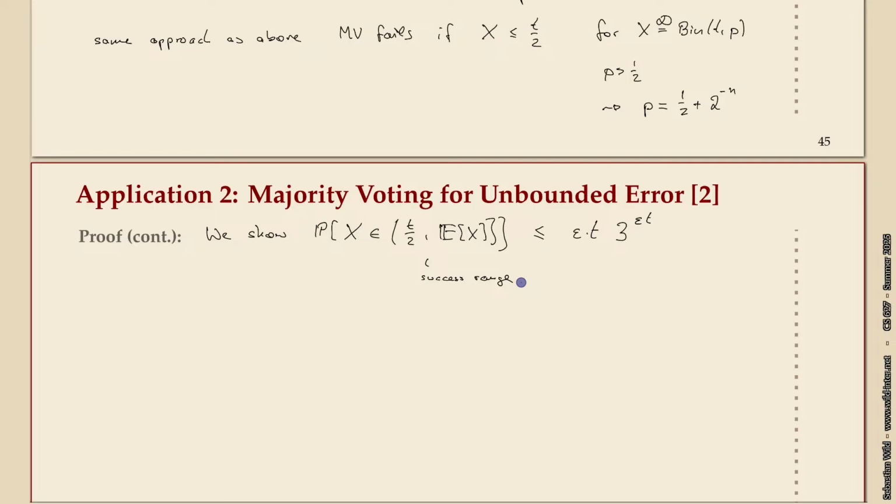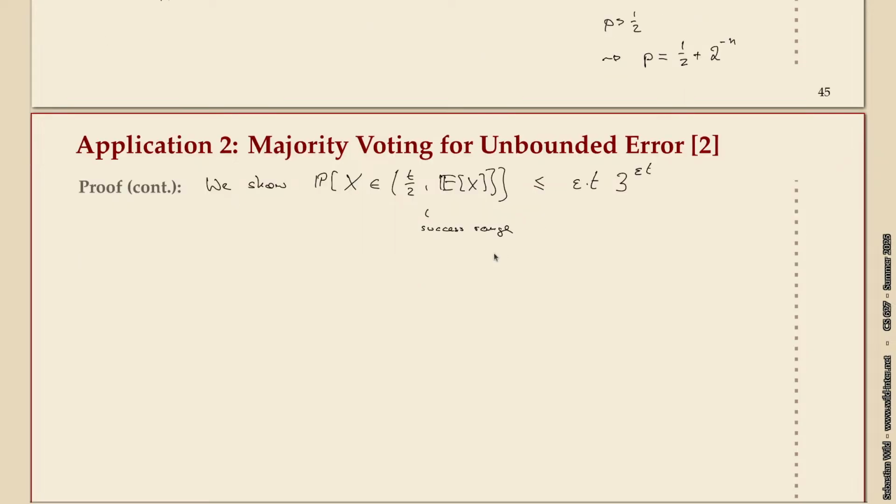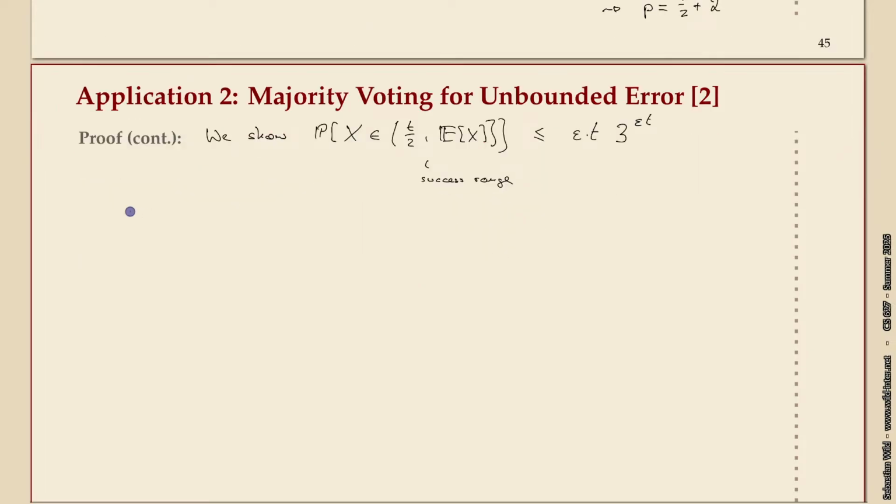It will also succeed. But this range is not very likely. Because the binomial distribution is symmetric, the probability to fall above the expected value is exactly 1/2. We only need an upper bound.